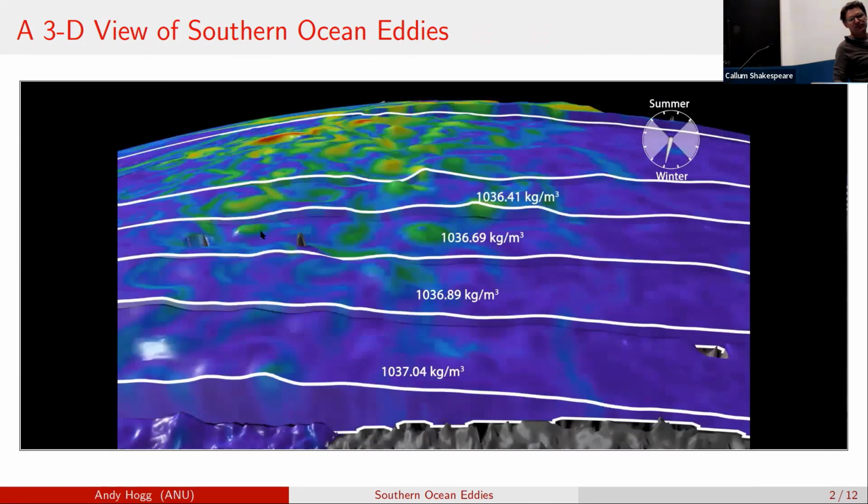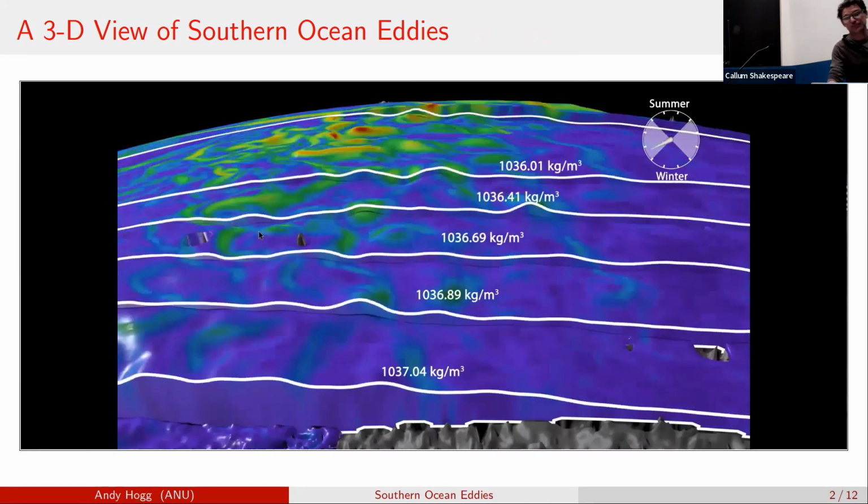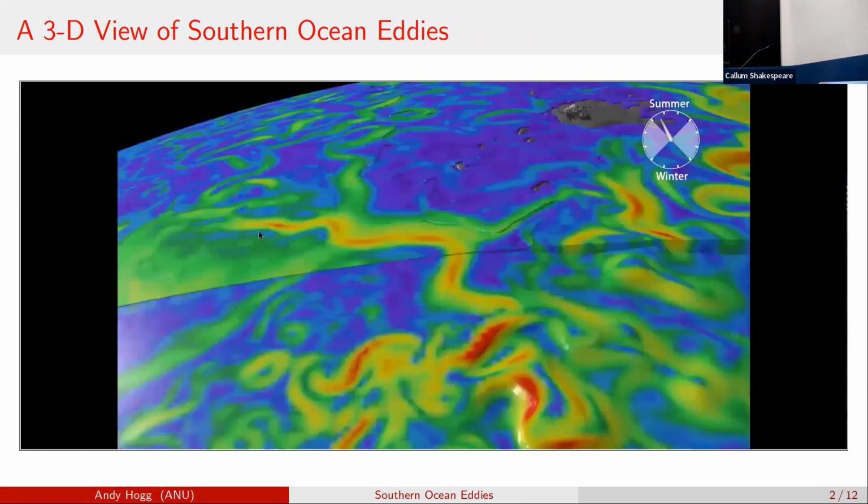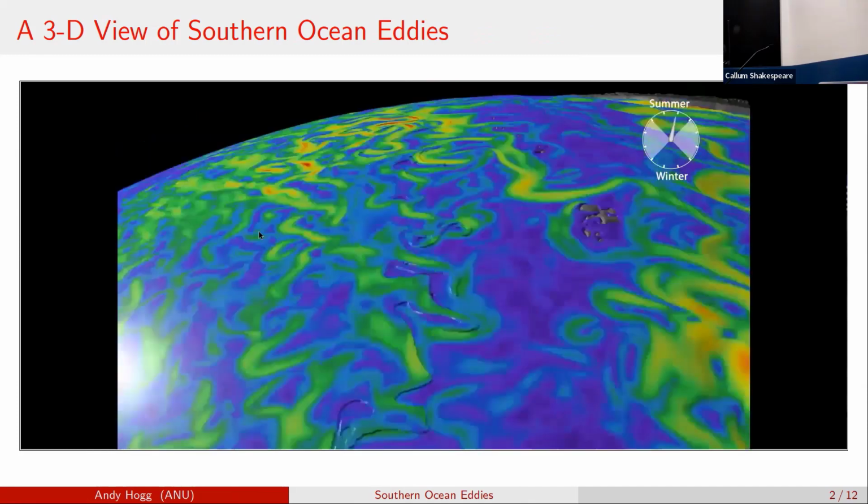What you could see is that the gradients in these isopycnal surfaces are where there's high velocities.